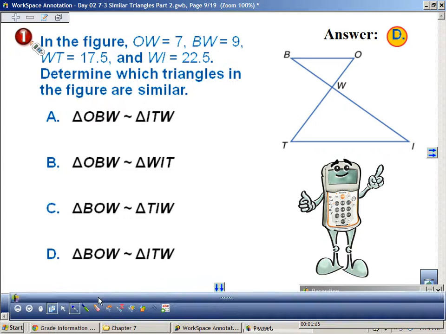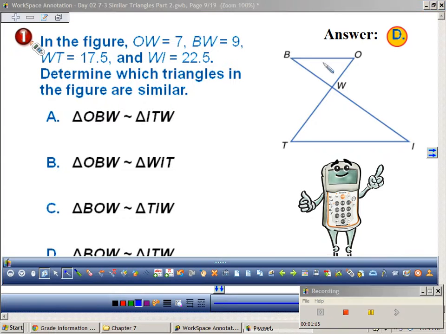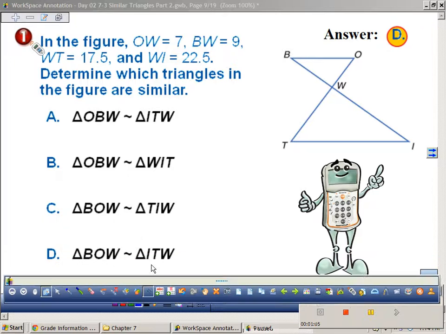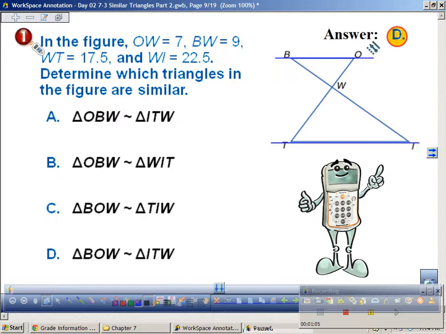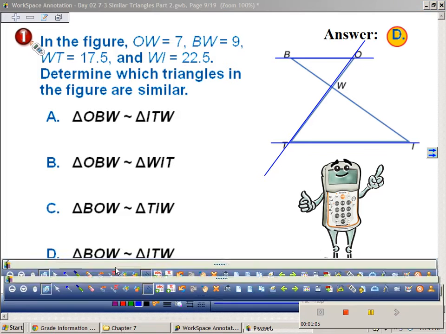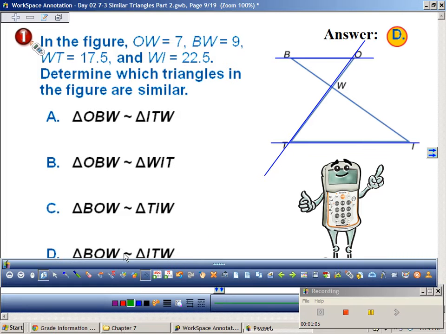Now it doesn't tell me that I have parallel lines, but if I assume I have parallel lines, I can check later. So if I assume that these lines are parallel, I know you're not supposed to assume, but I did say I'm going to double check. And then if I cut it by a transversal, that would make this angle congruent with this angle.